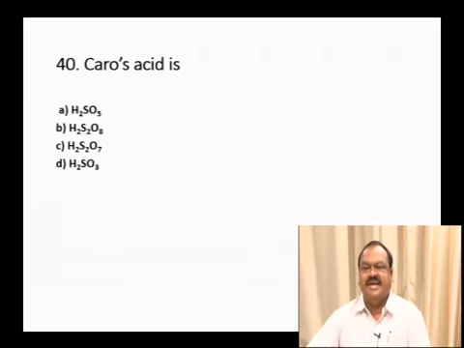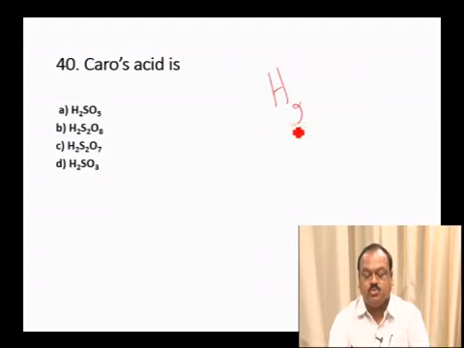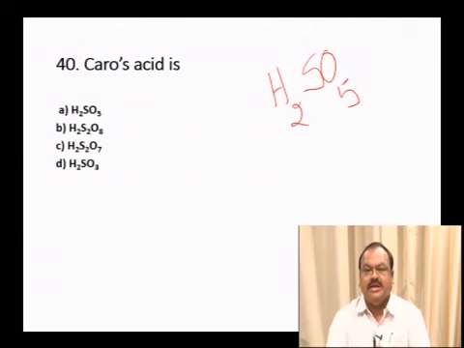Caro's acid is called persulfuric acid. Its formula is H2SO5. H2S2O8 is called Marshall's acid.